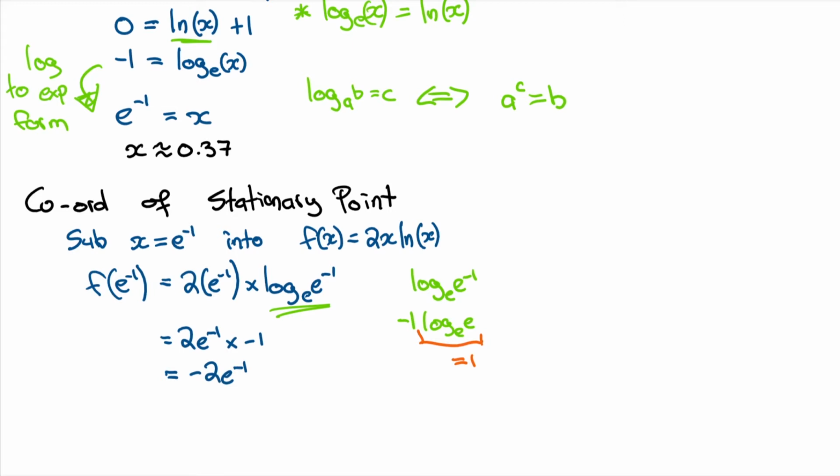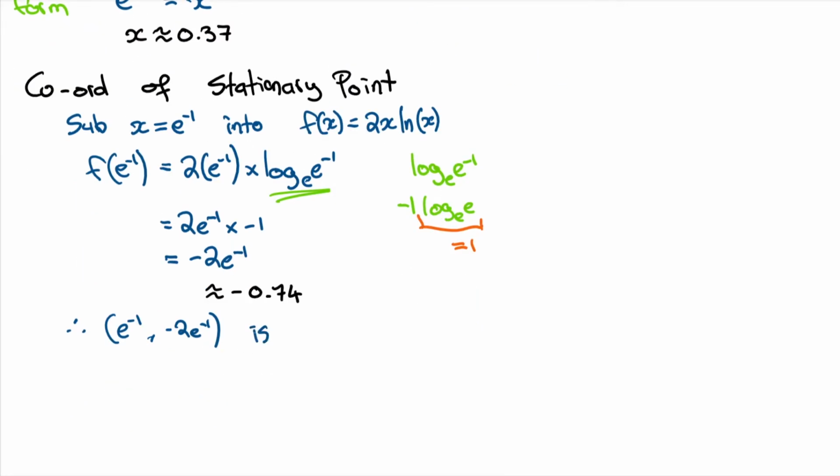And again, if we wanted a decimal approximation for that, that is roughly equal to -0.74. So I've got the point when x is e to the power of -1, the corresponding y value is -2e to the -1 if I'm keeping them as exact values, or at the point x being roughly 0.37, the corresponding y value is -0.74.